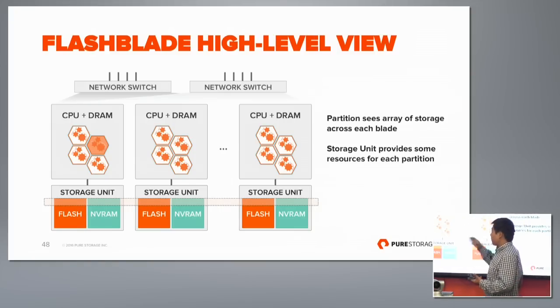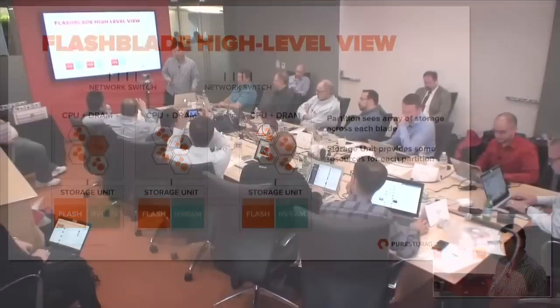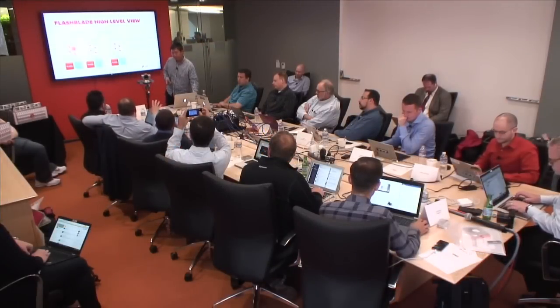No matter what physical compute core, physical blade this partition happens to be running on at any given point in time, it derives its state through that global storage tier. That's really neat. So you're like running containers of processes there to actually manage each of the bits of the workload. Exactly. Kind of like microservices. Yeah, kind of like microservices, yeah. And I think that's a really good analogy.